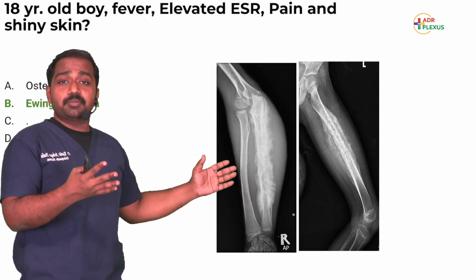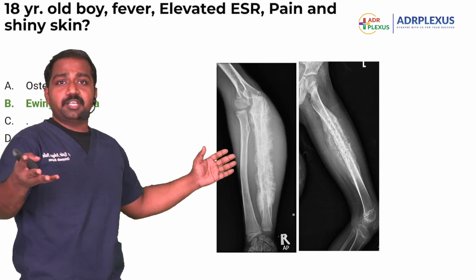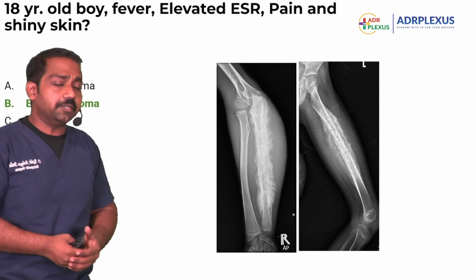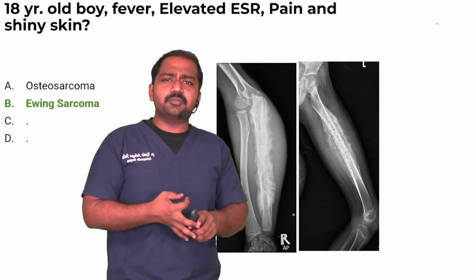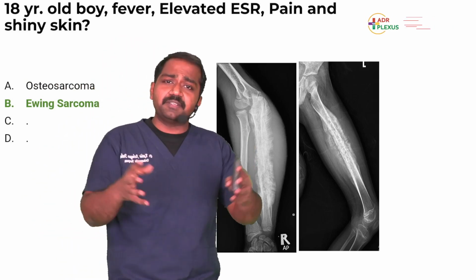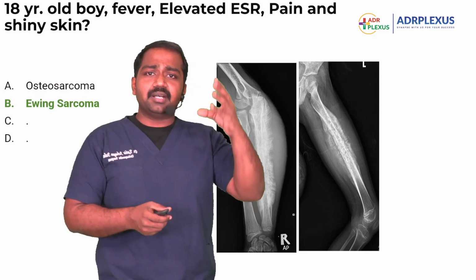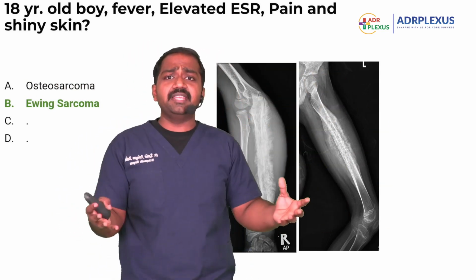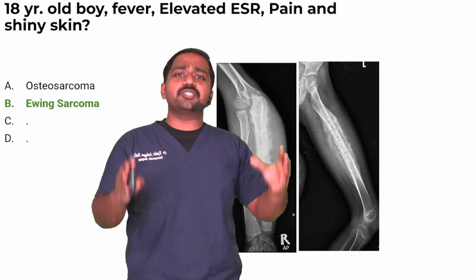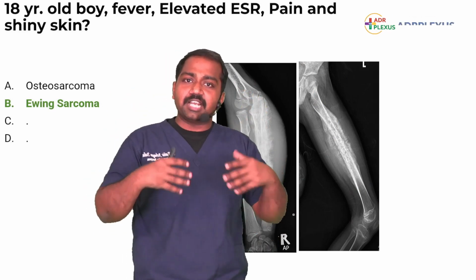I'm not sure about the picture because you guys have to comment whether this kind of picture was given or is it anything different. But remember, this sunburst appearance, this Codman, not everything is so specific, guys. Codman triangle and sunburst appearance or the onion peel appearance, all are saying it is an interrupted periosteal reaction. That is what it conveys, right?